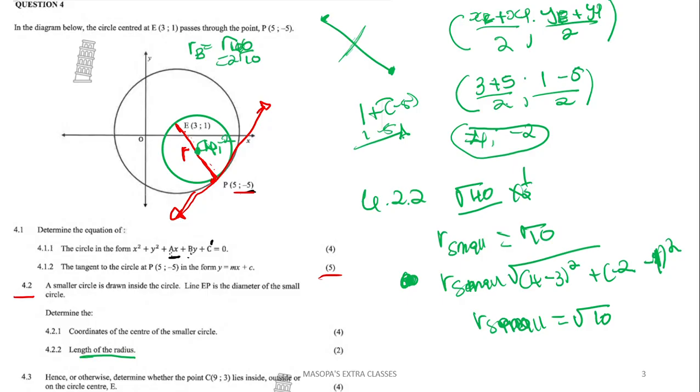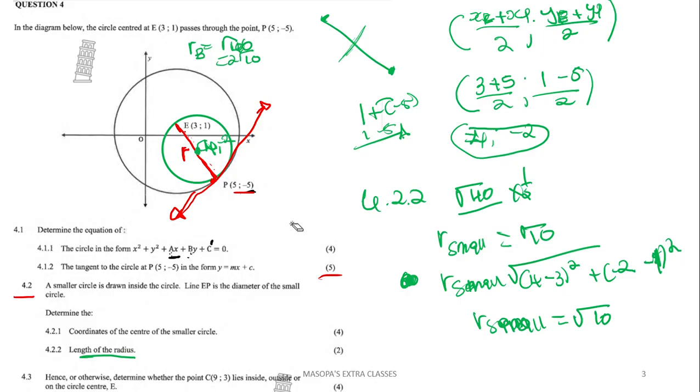Then 4.3 says: hence or otherwise determine whether the point C, which is (9, 3), lies inside, outside or on the circle with center E. So now you're going back to the equation of the bigger circle.